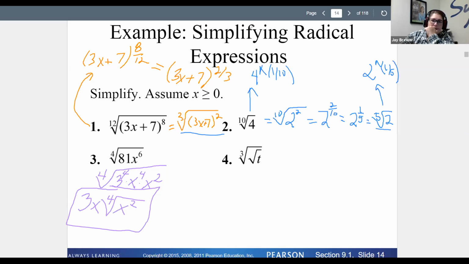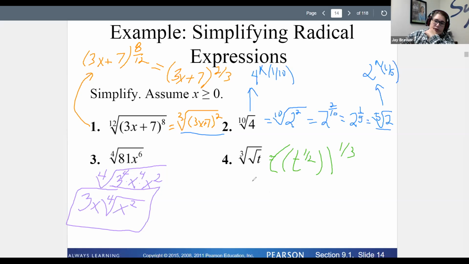So the last one is slightly more complicated. We have to write the exponent form twice. What's underneath the radical is the square root of t, so t to the 1/2. And then the cubed root is actually written as 1/3.